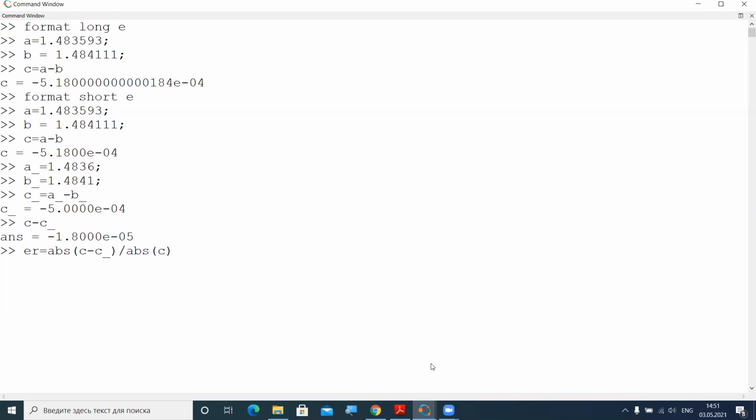So now it equals this number. Is it clear? Yes. So we just find the relative error between them. When we round two numbers, we have errors, and the error is equal to this number, which is 10 to the power of minus 2. Okay, good. Now let's continue.